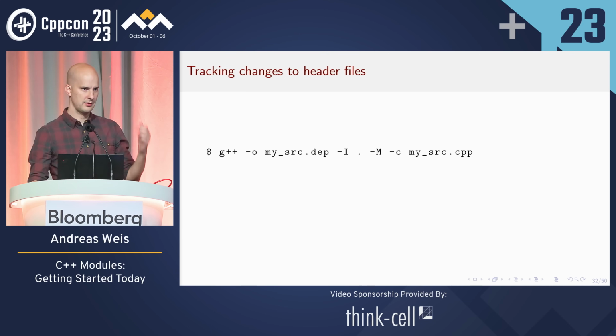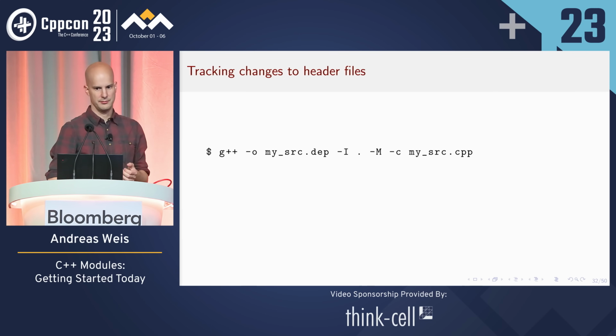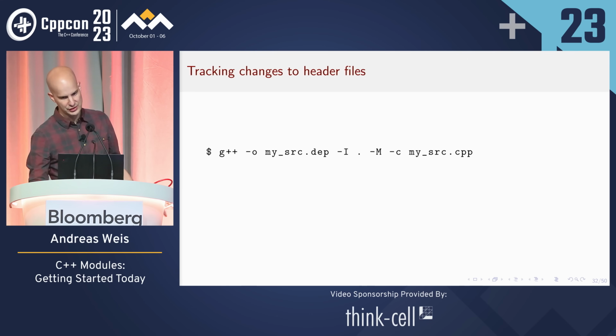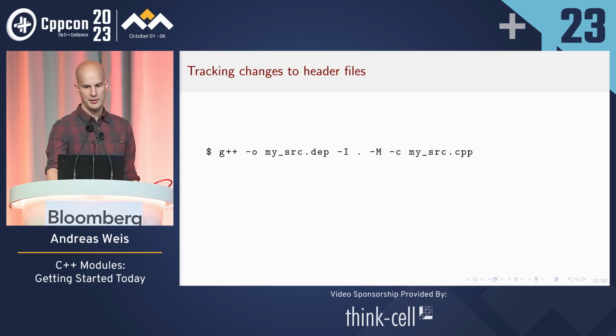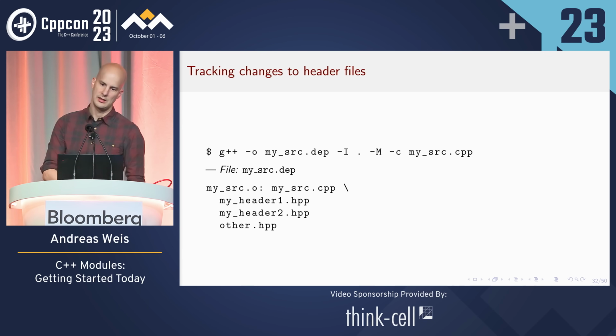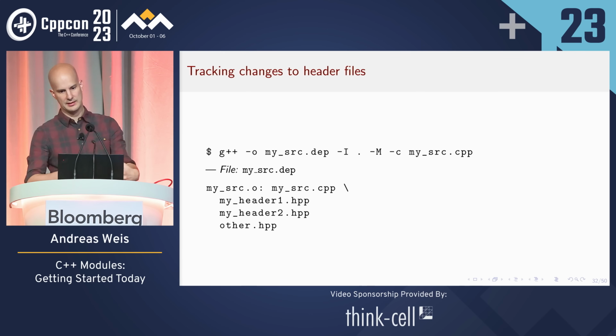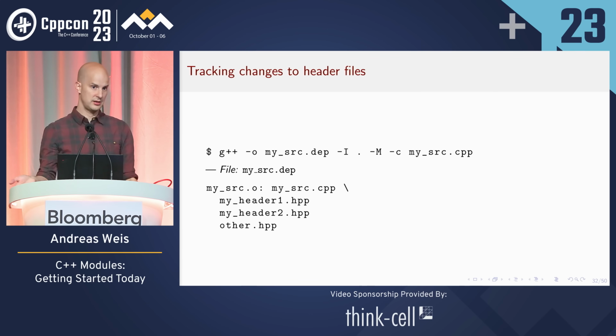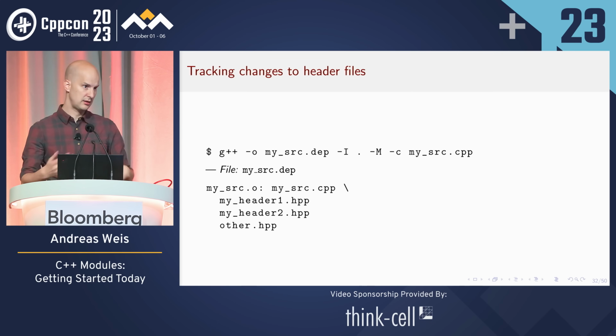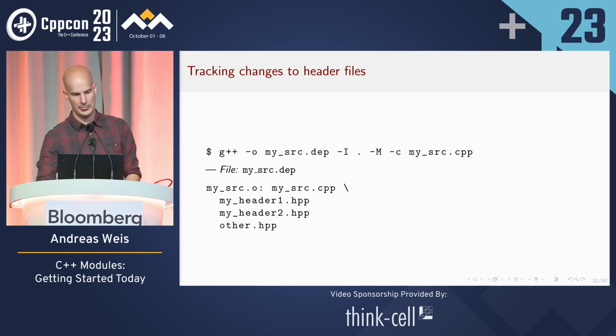If you look at the command line that your compiler is using, then for example for GCC, you might notice that it uses this -M flag. What this does is write out a dependency file that tells you exactly this, right? For the source file that you're compiling, it tells you all of the files it depends on, including all of the headers that you have included and transitively included.